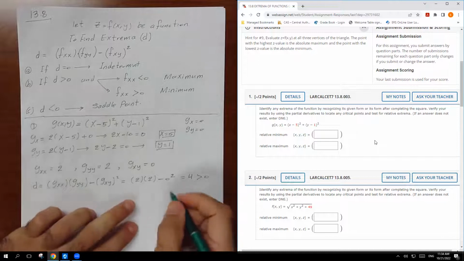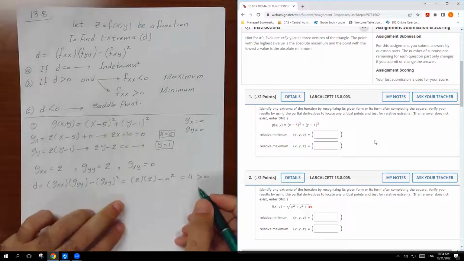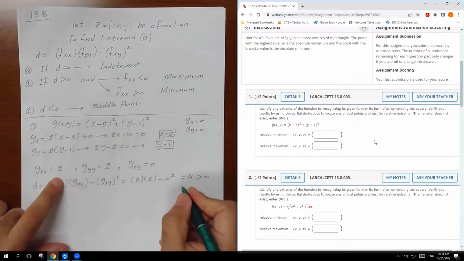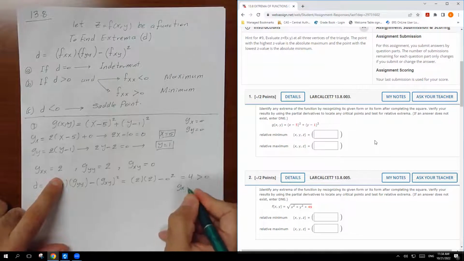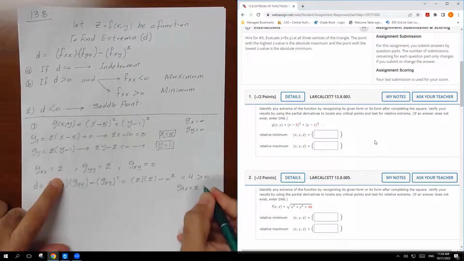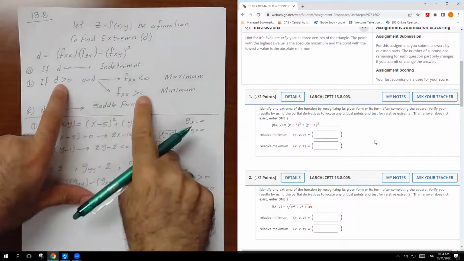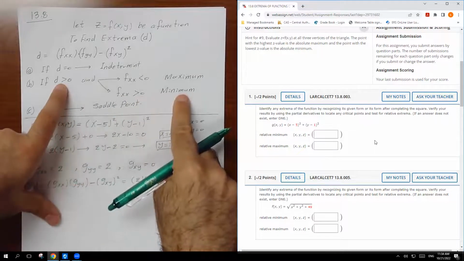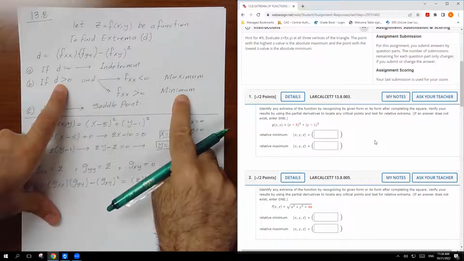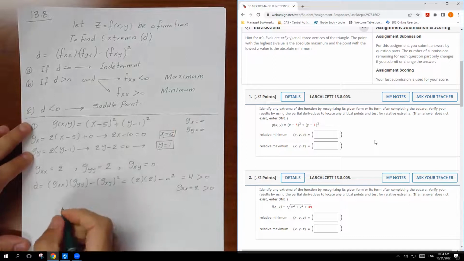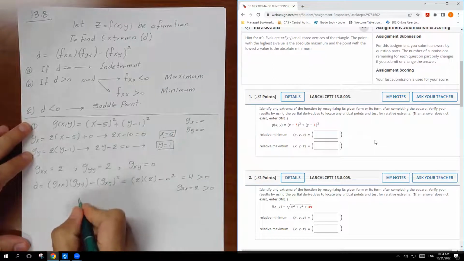Then g_xx equals 2, also greater than 0. So D is greater than 0, and this one is greater than 0. So the point (x, y, z) is going to be a minimum. So that means it's going to be a minimum.